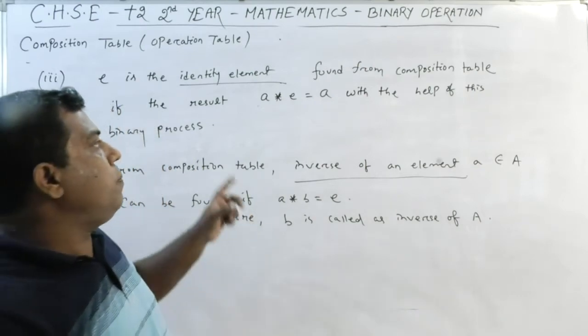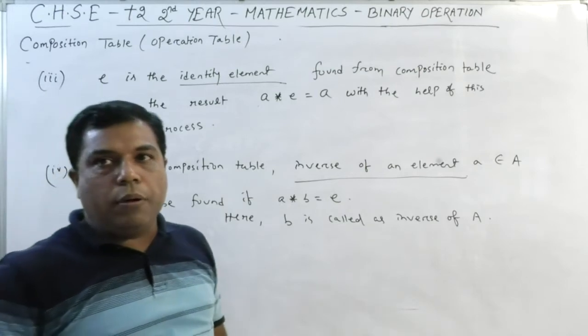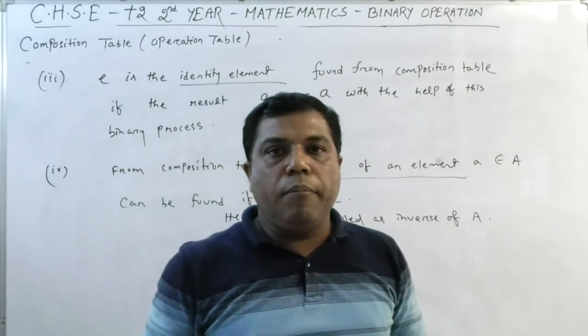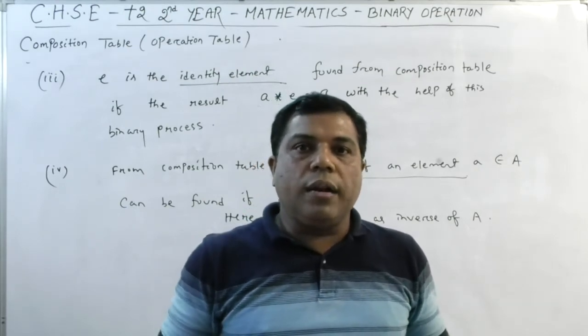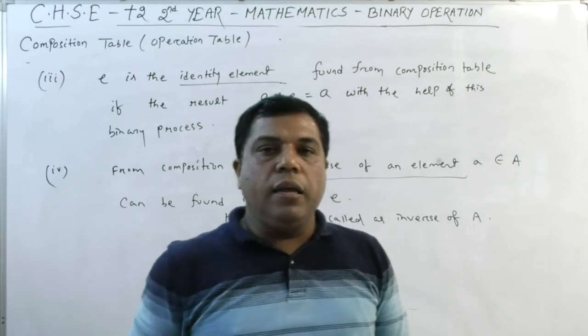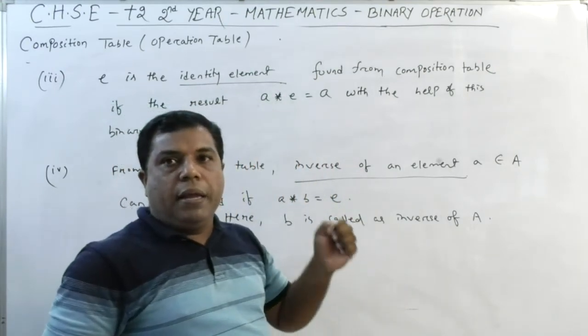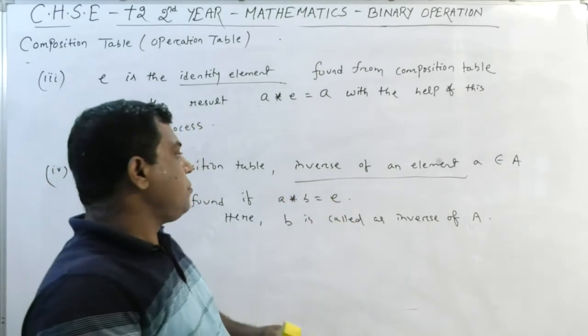So all the properties can be verified from the composition table. But we can learn it better. Now let us go for an example to clarify all the things, about the composition table.